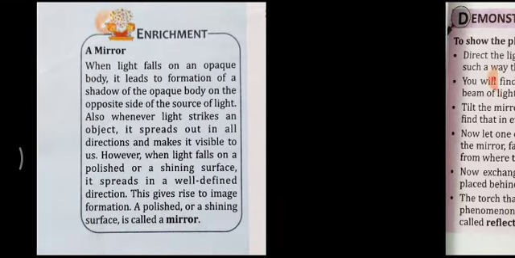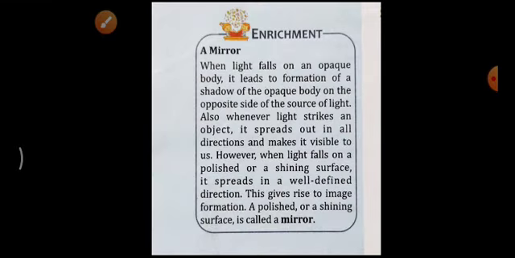So what does mirror mean? When light falls on an opaque body, it leads to the formation of a shadow of the opaque body on the opposite side of the source of light. The same example we can consider with a torch light. You know the beam of light travels in a particular direction.